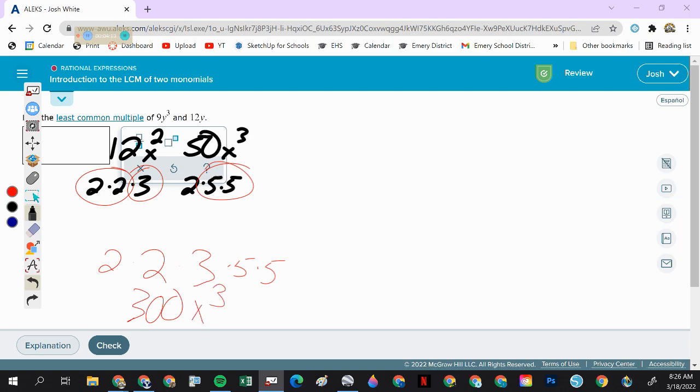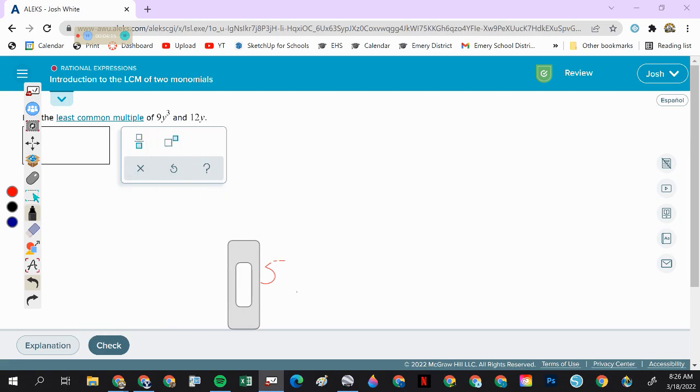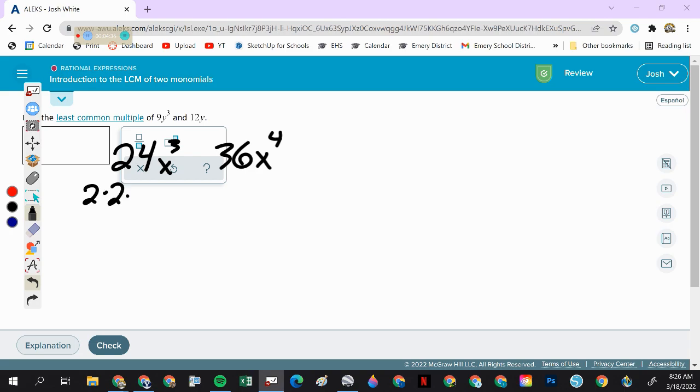X to the third. Okay, let's look at 24x to the third and 36x to the fourth. So 24 is 2 times 2 times 2 times 3. And 36 is 2 times 2 times 3 times 3.